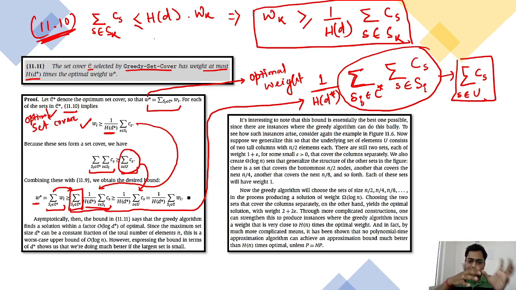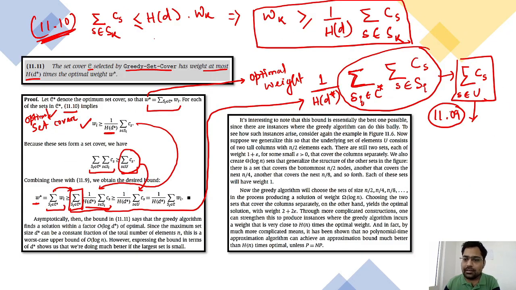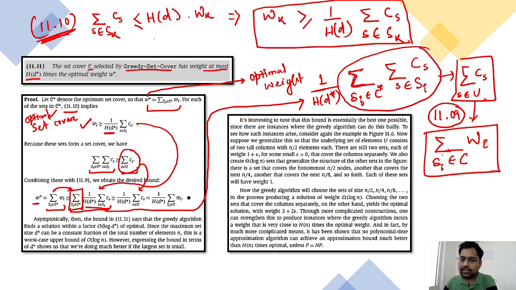So this exactly we are representing once we found out exactly here using 11.9. We can say the cost it already covered here, the cost it already covered for each element of the universal set. Definitely we must say it is equivalent to the set cover which you have done earlier. The set cover here is represented as the set which you have already taken to cover, belongs to set cover C, and the weight assigned to each one we are just writing as this.